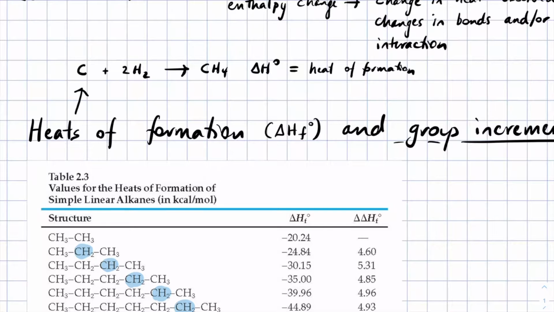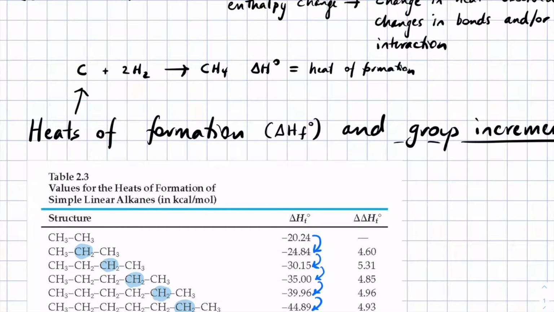So, for example, going from ethane to propane, the heat of formation goes down by 4.6 kcals per mole. You see a slightly larger increment going from propane to butane, and so on.